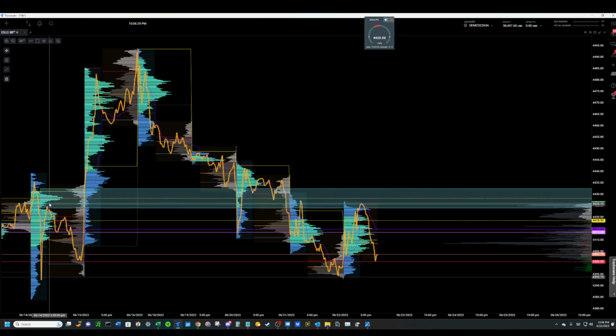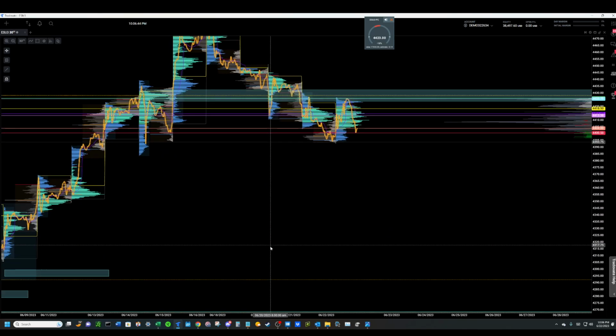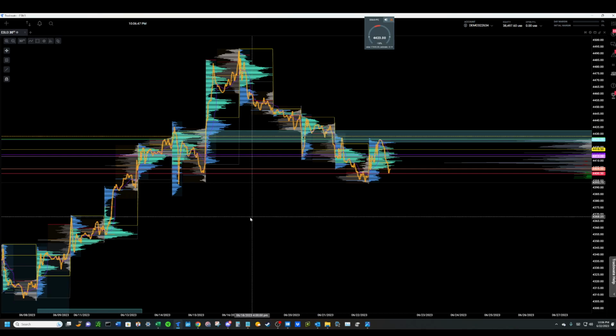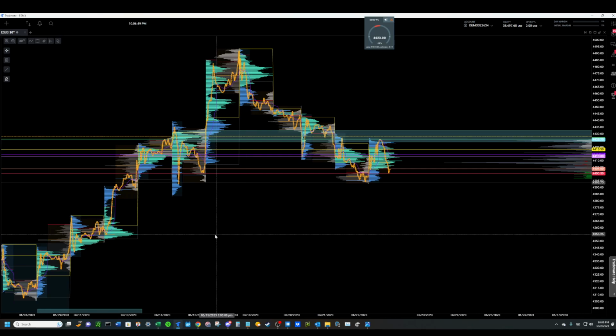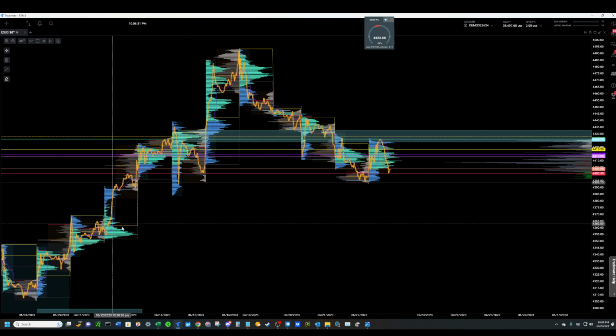There's more interest within this box, a higher volume area, so that's still too expensive. We're coming back down, but then this could be some more support. Or if it goes down further, where's the next volume? The next volume is down here.